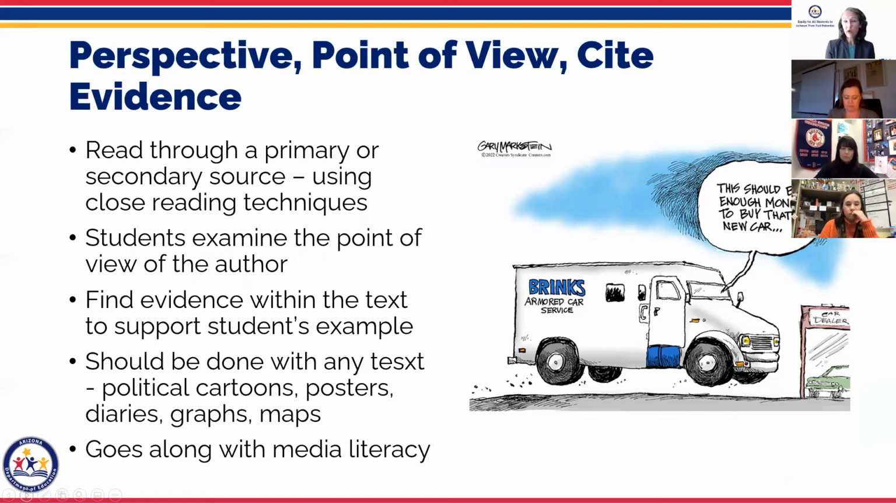But really the point of this activity is to focus on that author. Who is writing or creating this document or text or piece of work that we're looking at, and examining that point of view thoroughly. You want them to find evidence within the source to support that example. Again, we're hitting a lot of those disciplinary skills and processes standards.